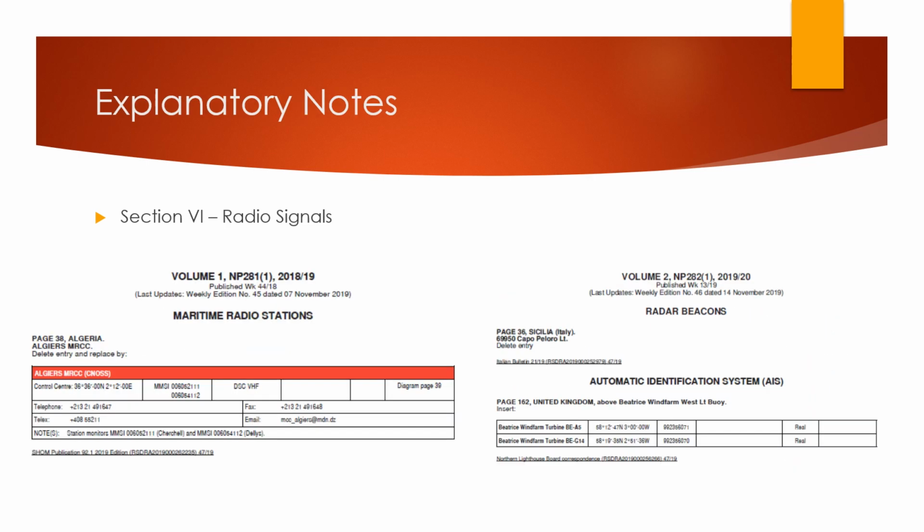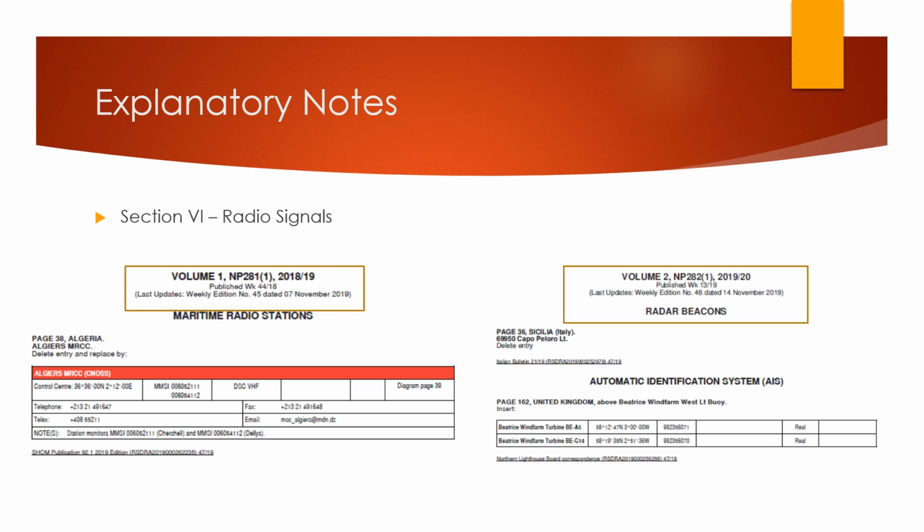Then section 6 provides the updates to the Admiralty List of Radio Signals. So again, when a chart updating notice is issued for information that is also included within the radio signals, the appropriate volume reference number is quoted, and this you can see here. You can see volume 1 and the change that it needs to incorporate is provided, and so is volume 2 and the change it needs to incorporate.